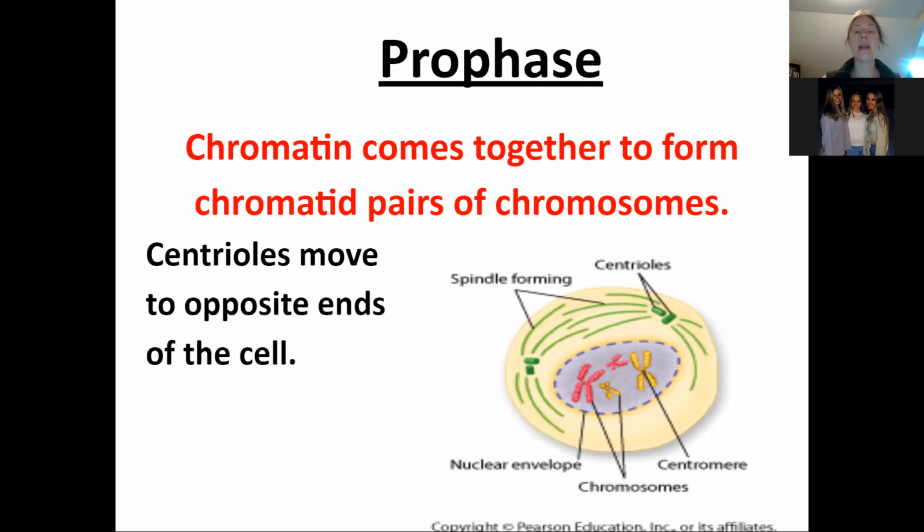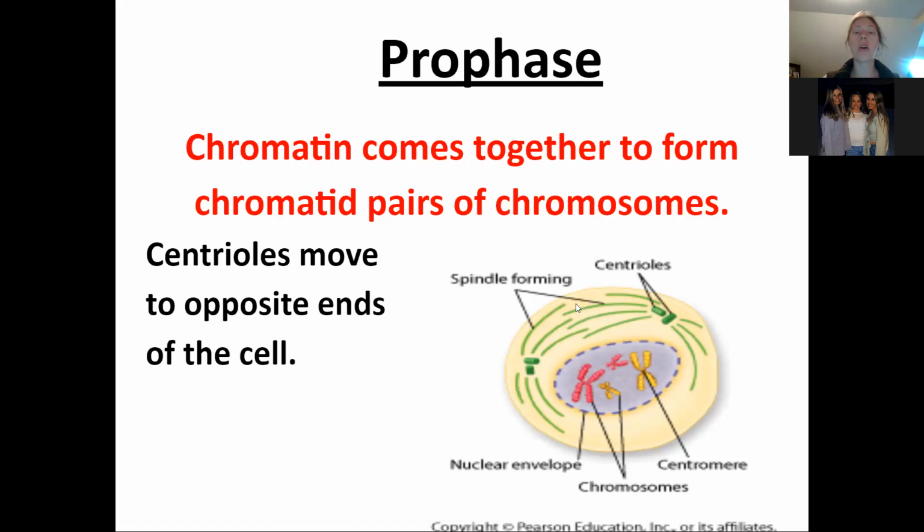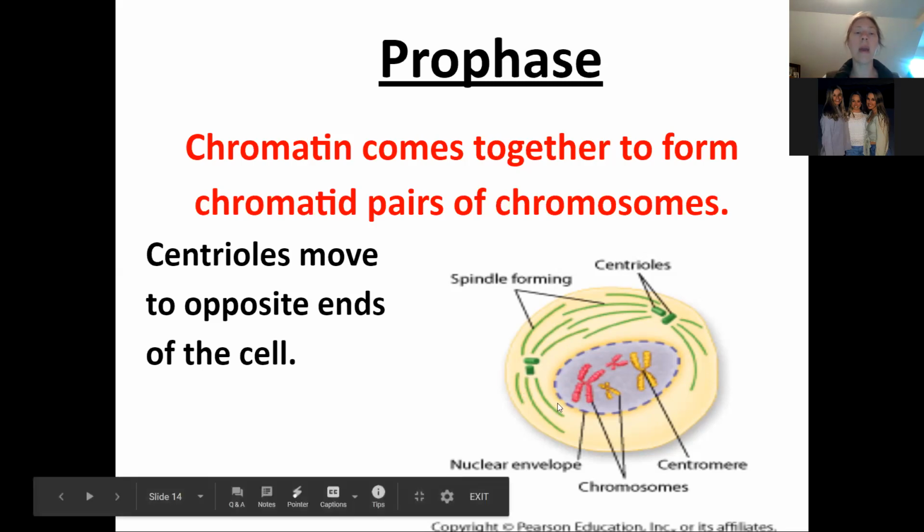It's a lot easier to do when we've got chromosomes. It also gives attachment points for what are called spindle fibers, that are going to help do the work of the cell division. The spindle fibers are attached to centrioles here. To me, they look like a spider, with the centrioles like the body of the spider, and the spindle fibers are legs coming out of the spider.